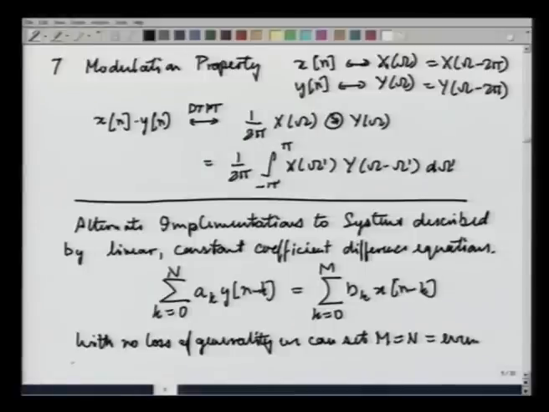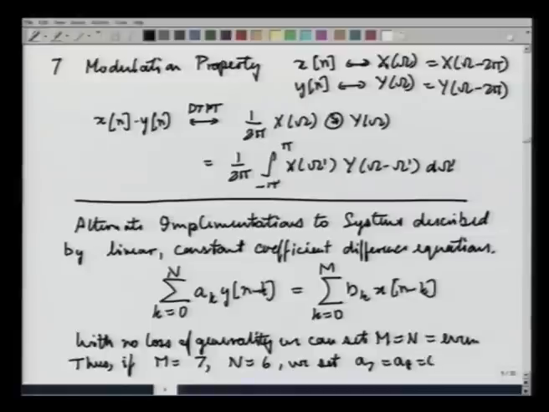Thus, for example, if m equals 7 and n equals 6, we set a7 equals a8 equal to 0, b8 equal to 0, and we get what we want.